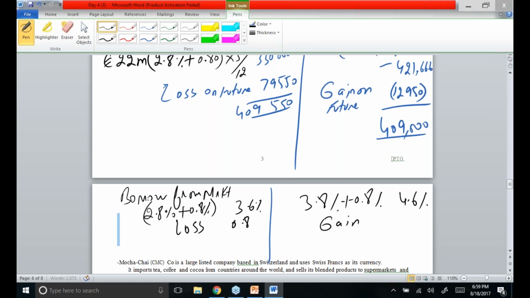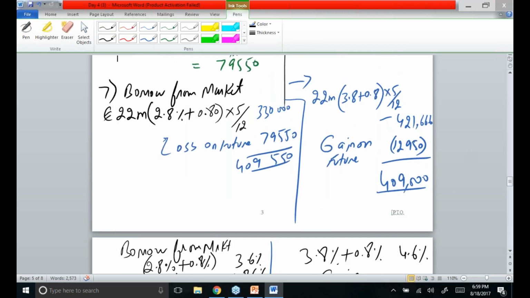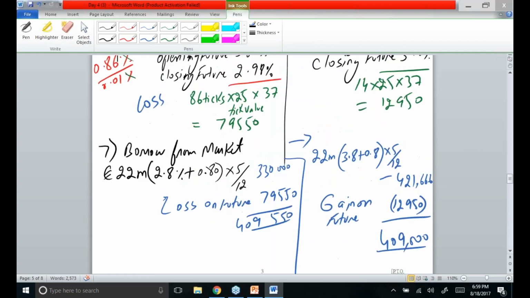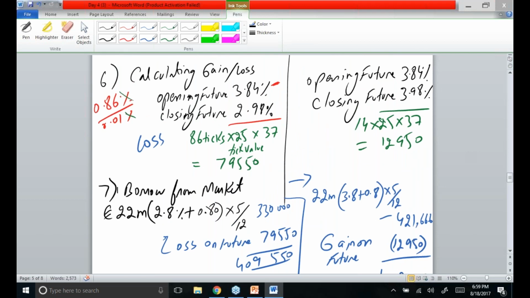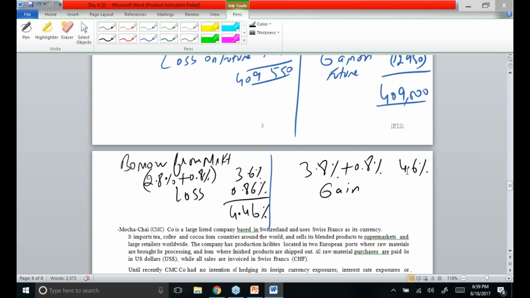As loss is 0.86, so your total answer will be 4.46. As loss is, what was the exact loss? 14 ticks, 0.14. So in both cases, your cost will be same.